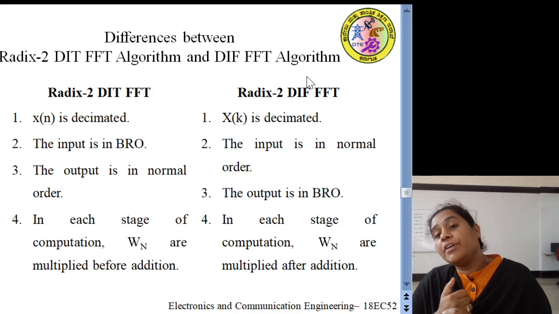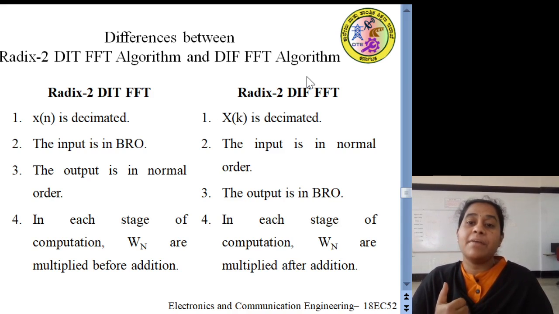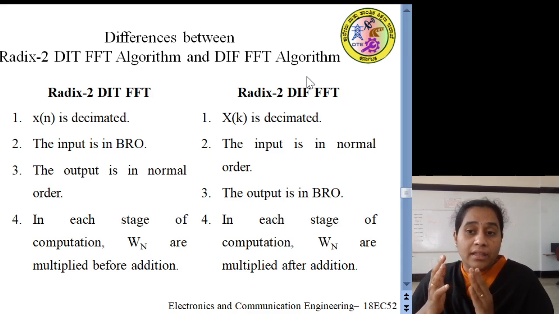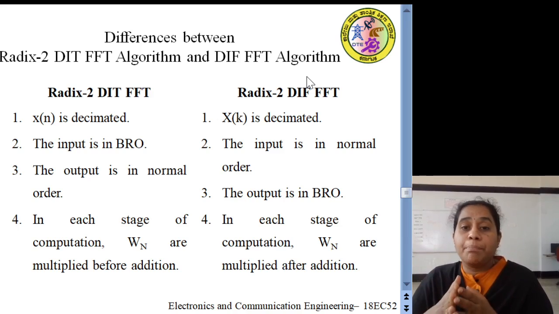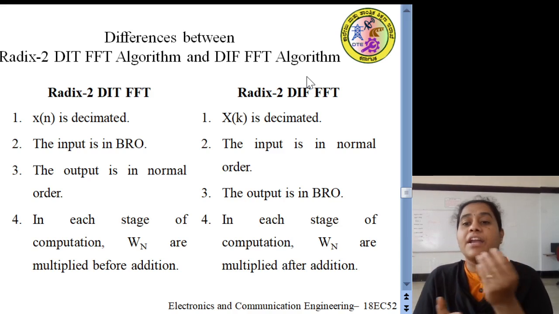Now if we come to the differences between the radix 2 DIT FFT algorithm and the radix 2 DIF FFT algorithm, the first point to be considered is in which domain we are splitting. That means whether we are decimating in time domain or in frequency domain.